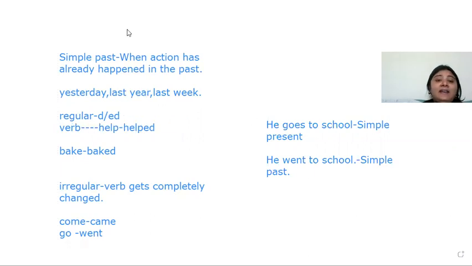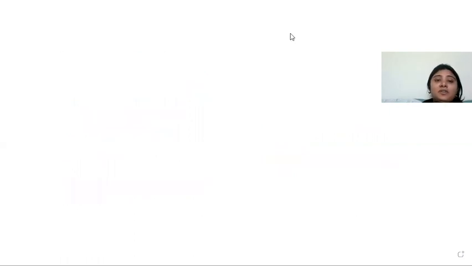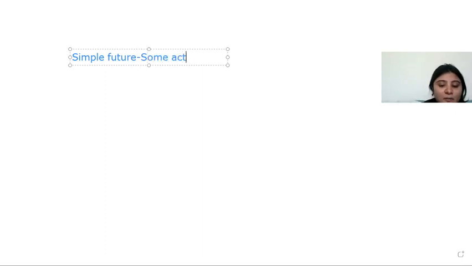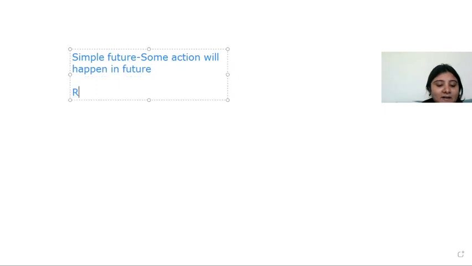So then let's talk about the future tense. Now, what is a future tense? So a simple future tense is when some action will happen in future. Okay. So for example, Ram will go to school.